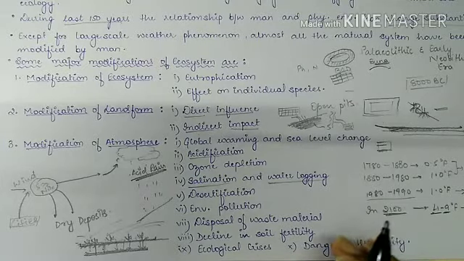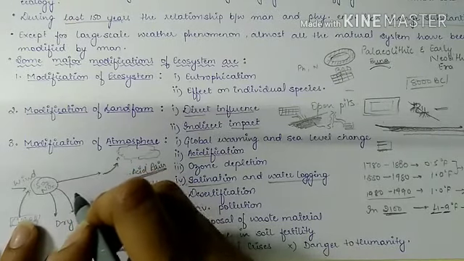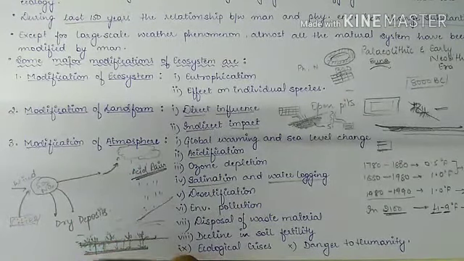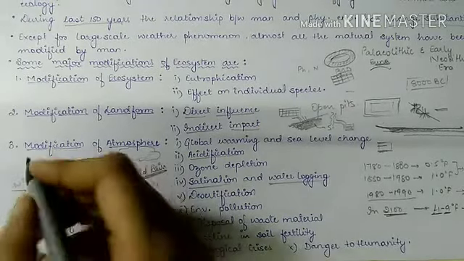So here what happens is we have CFCs, mainly emitted by industries, refrigerators, and aerosol propellants, introduced in the troposphere. These CFCs rise and release chlorine, and chlorine depletes the ozone layer by reacting with ozone. Ozone is O3.